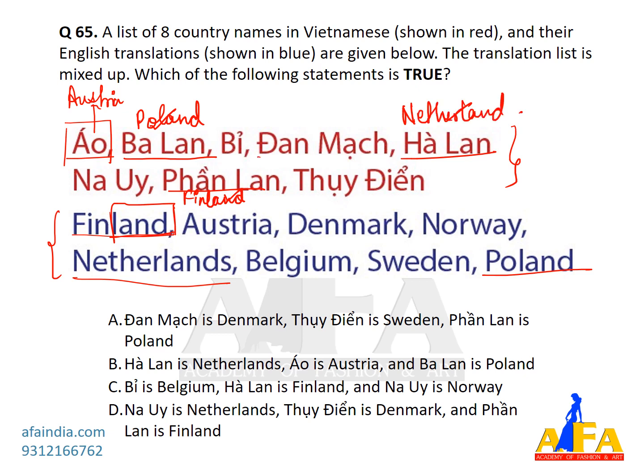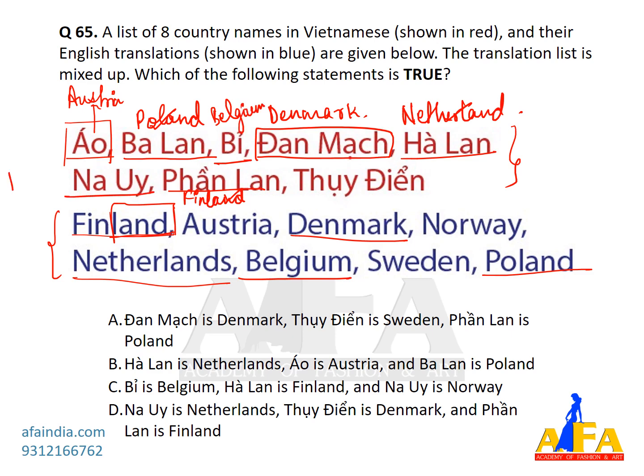If you pronounce it clearly, Denmark, it can be related with this, right, Belgium, it can be related with this, okay, Norway, Sweden. Okay, so according to the options, you can see option B is correct.